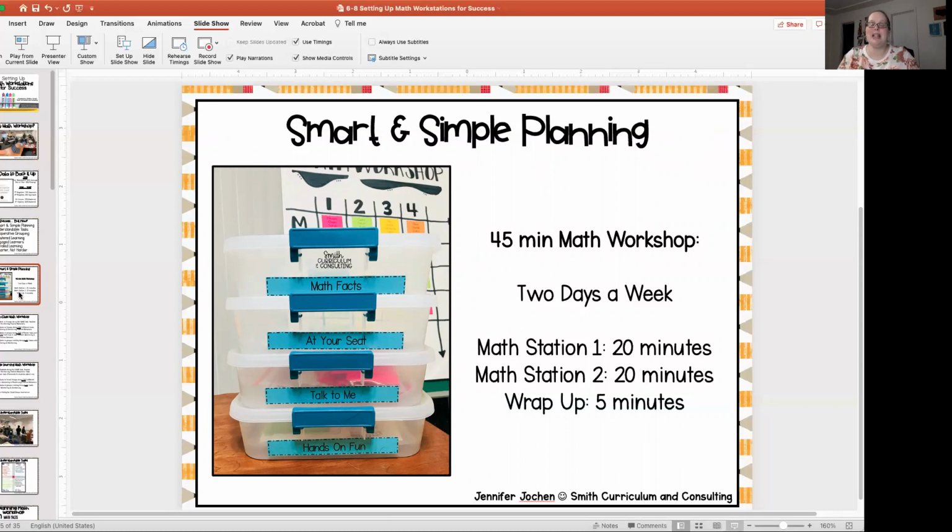During this time as a teacher, once you have implemented math workshop in your classroom, you are pulling small groups. Now, you may only get to 2 small groups, maybe 3 small groups during each day that you're doing math workshop. But since you're pulling from those students that are working in their math stations, which I'll talk about more in a little bit, you're going to get that extra lesson in.